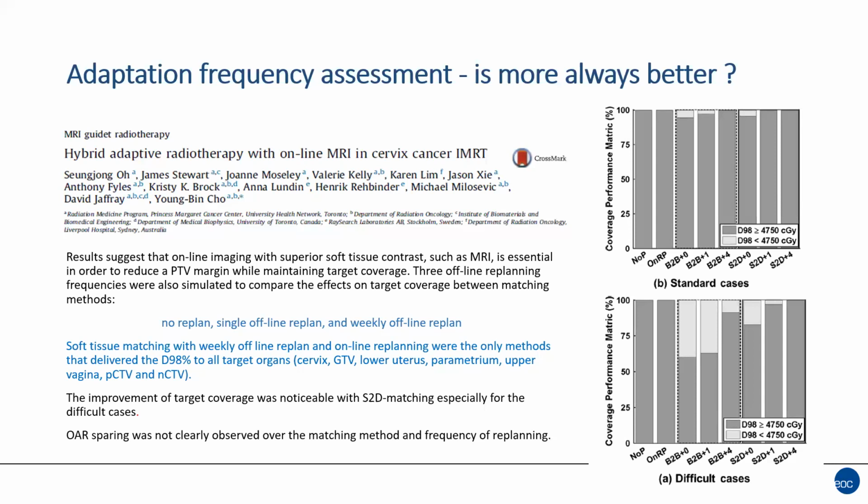The conclusion from this paper is that for standard cervix cases, one replan could give comparable coverage results to the online adaptation, because there were not that many differences. They published that offline is not inferior to that.